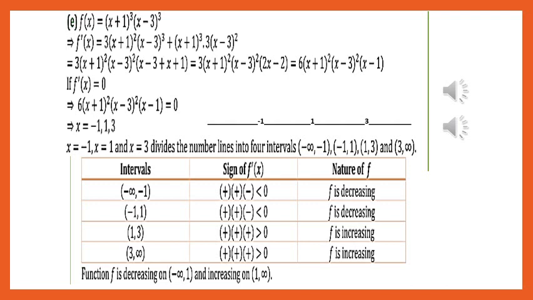In 3 to infinity, the sign is positive, so it is greater than 0. So f is increasing. Now we know in minus infinity to minus 1 and minus 1 to 1, the sign of f dash x is less than 0. So we can join them. So we say f is decreasing in minus infinity to 1 and similarly increasing on 1 to infinity.